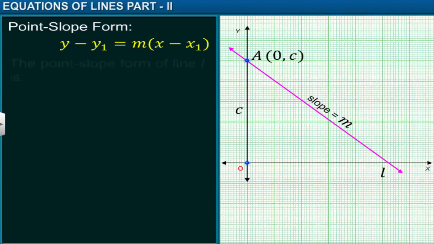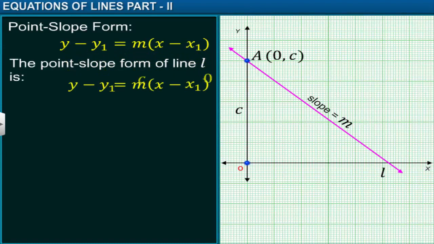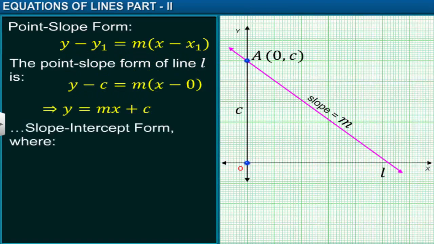Substituting the values of the slope of the line and the coordinates of point A in the point-slope form and simplifying, we get the required equation as y is equal to mx plus c. This is the slope-intercept form of the equation of a line with slope m and y-intercept c.